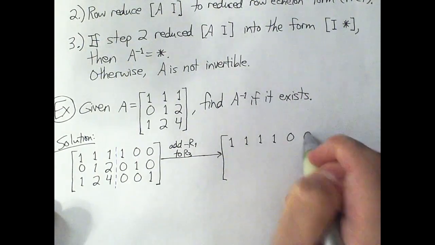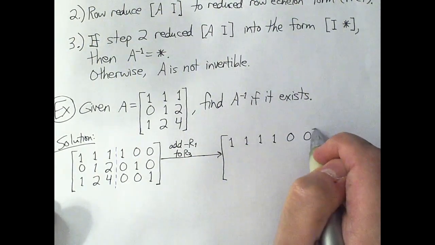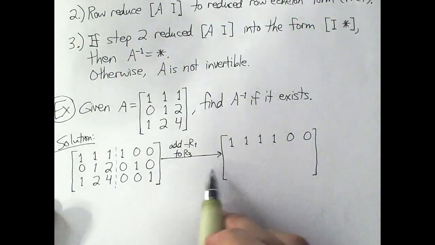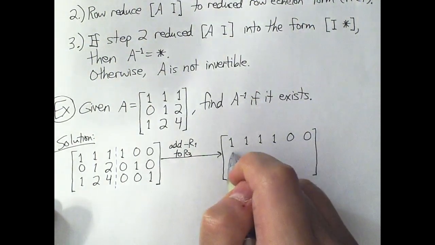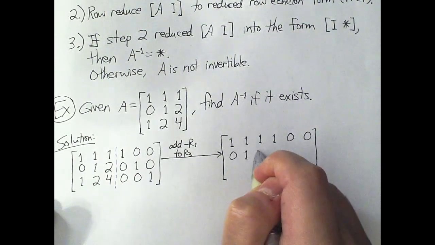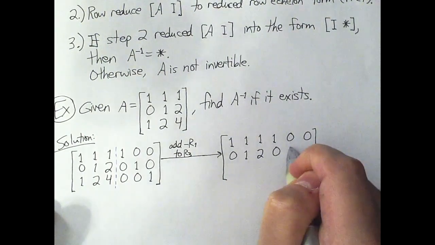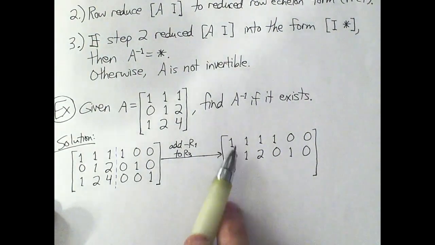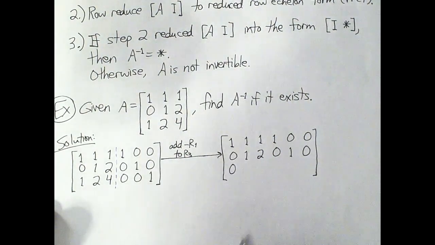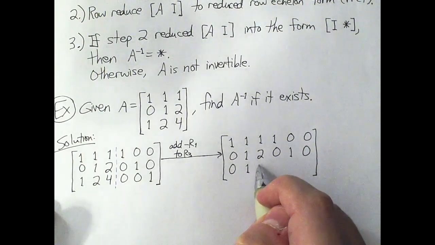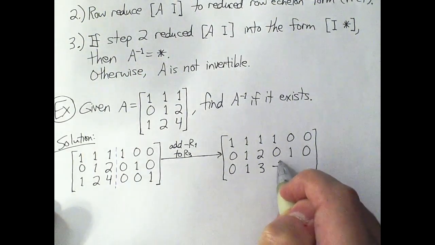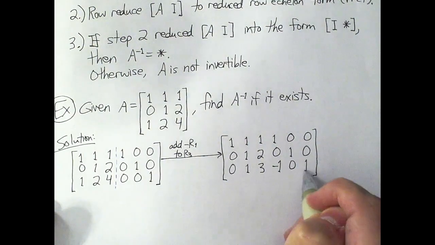And I'm not going to make that vertical bar in the middle anymore. You can if you want to. It doesn't really do anything. I'm not changing row 2 yet, so let's just copy it. All right, and we did this to get a 0 here. But how does it affect the other entries? I guess we get a 1 and a 3 and a -1, 0, 1.